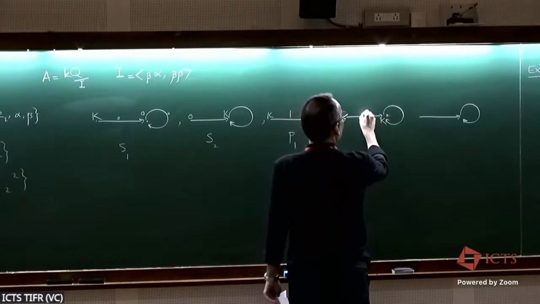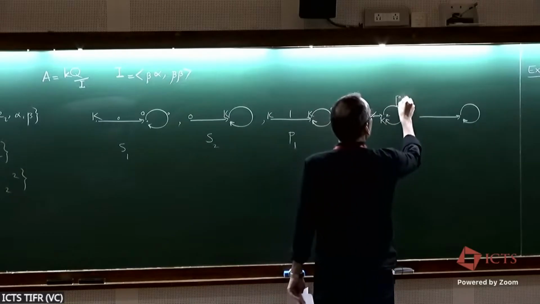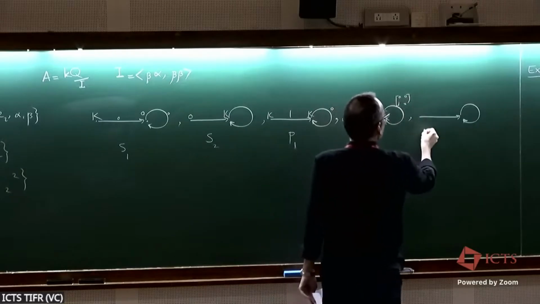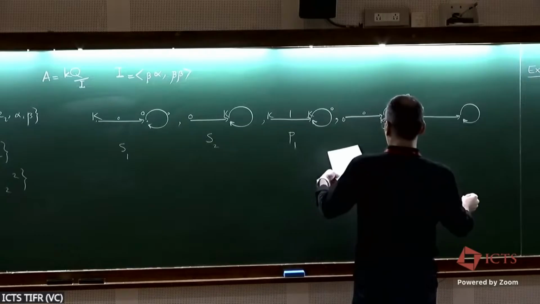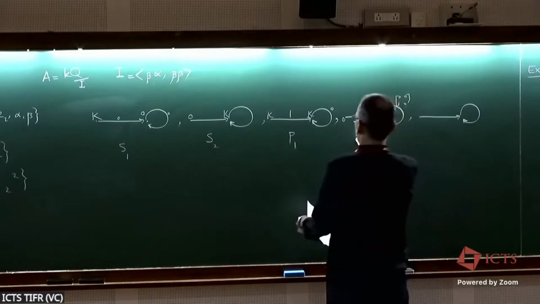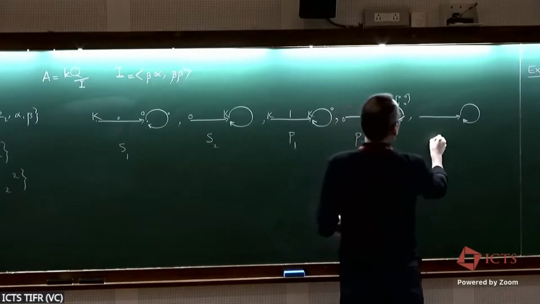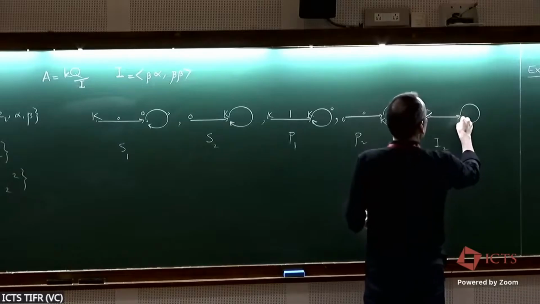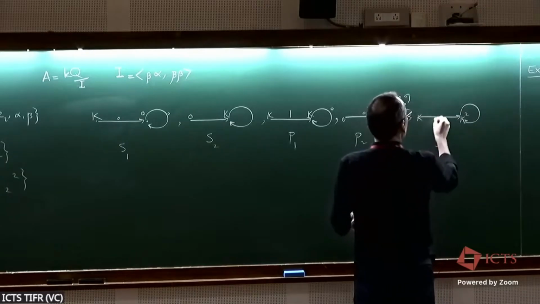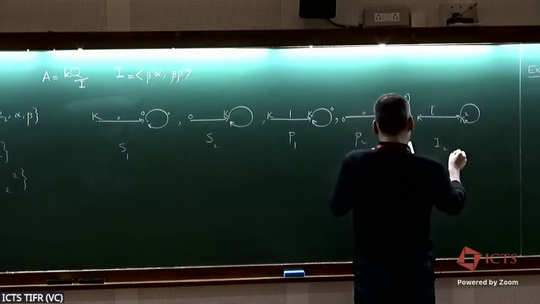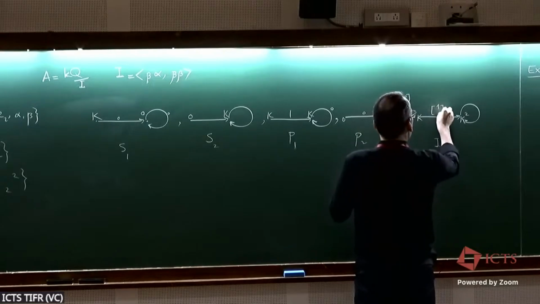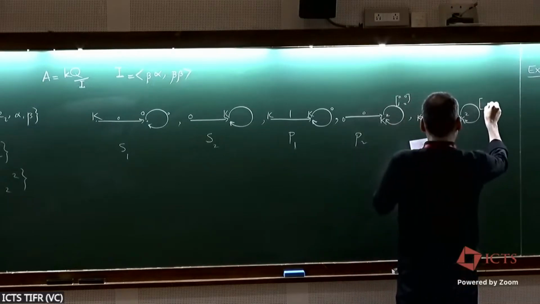So this map is evidently 0. And I have I2, which is K squared here, K here. And this one I have chosen this pair of matrices.